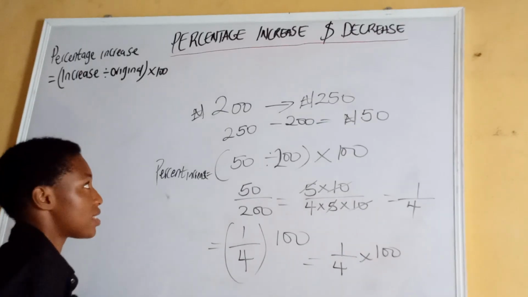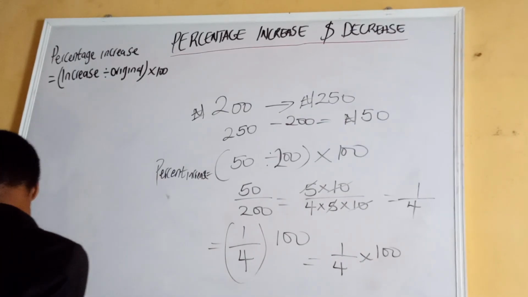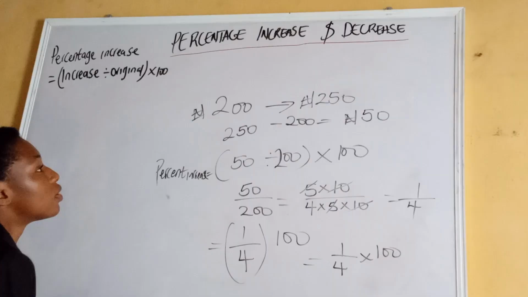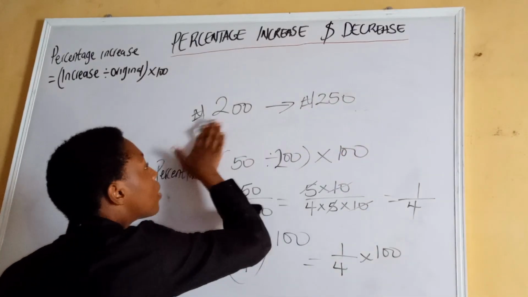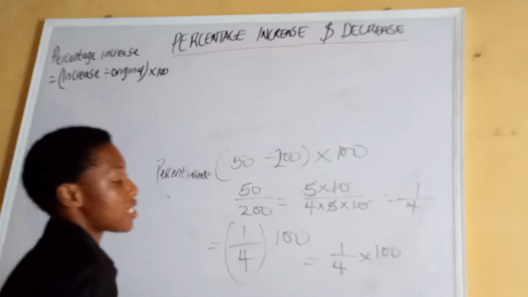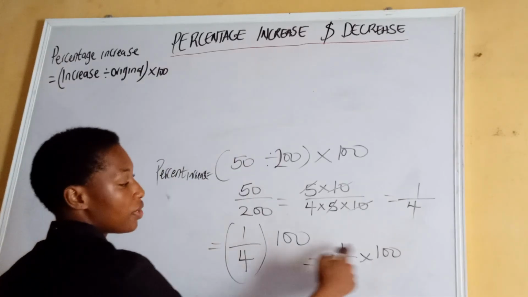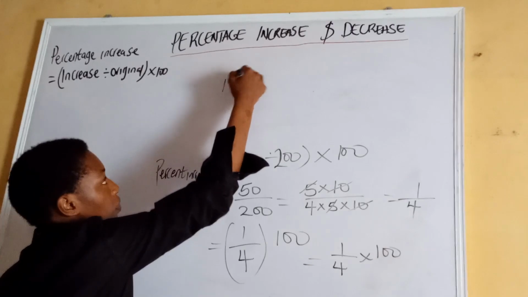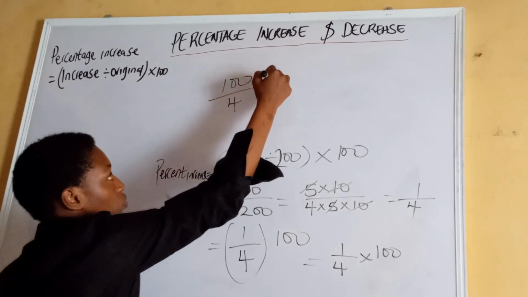Now to further get my answer, let me clean these things up so it's easier. If you multiply 100 times 1, that's 100 divided by 4.